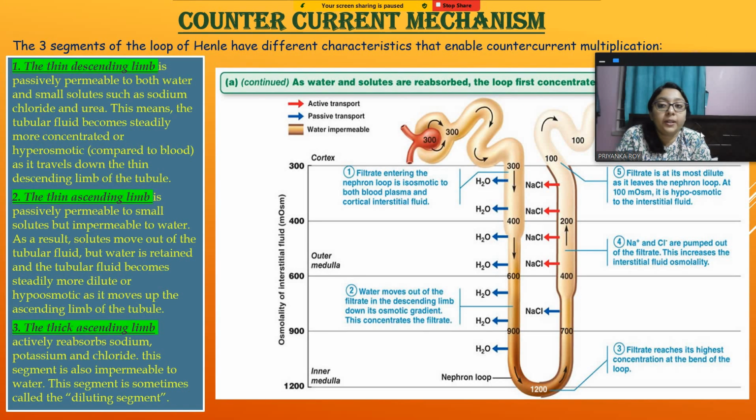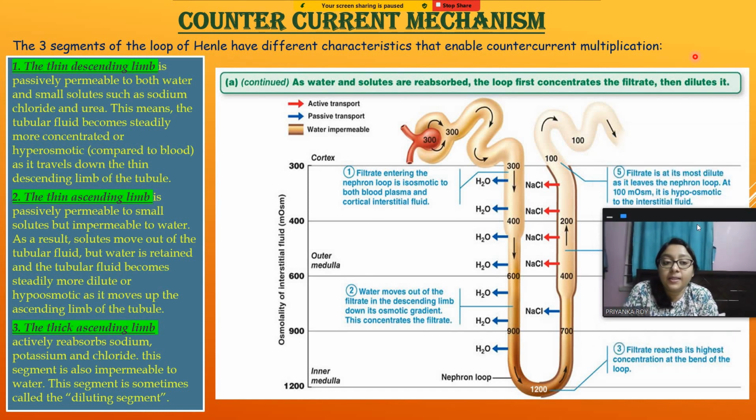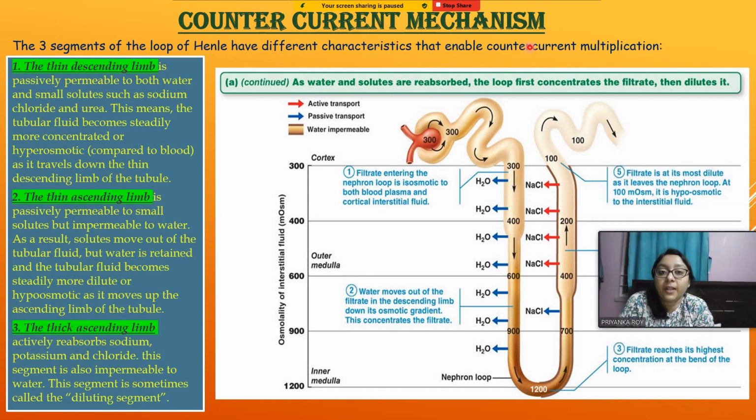Now in this counter current mechanism, there are three segments in the loop of Henle, and they have different characteristics. The thin descending limb is passively permeable to both water and small solutes, like I have already said, and therefore the tubular fluid becomes steadily more concentrated, or hyperosmotic as compared to the blood, as it travels down the thin descending limb of the loop of Henle.